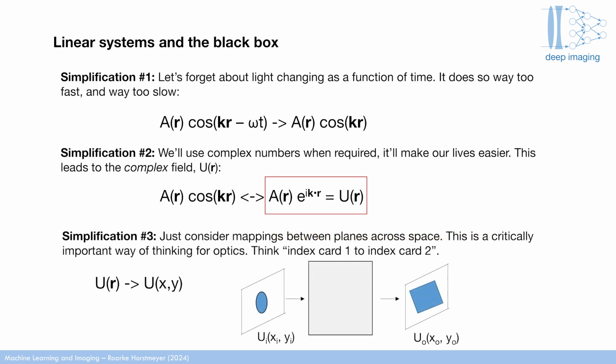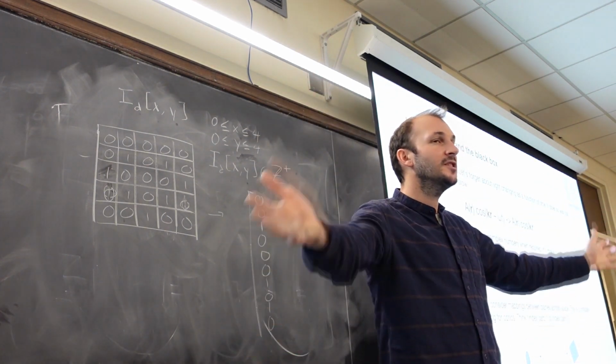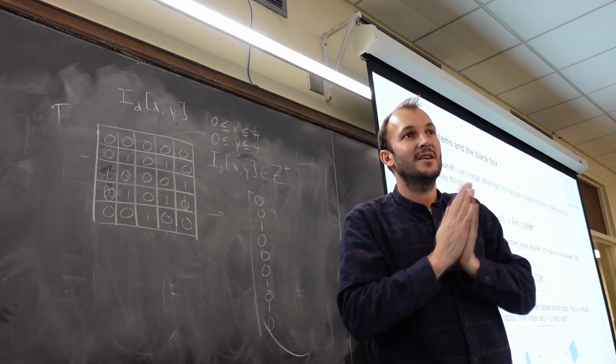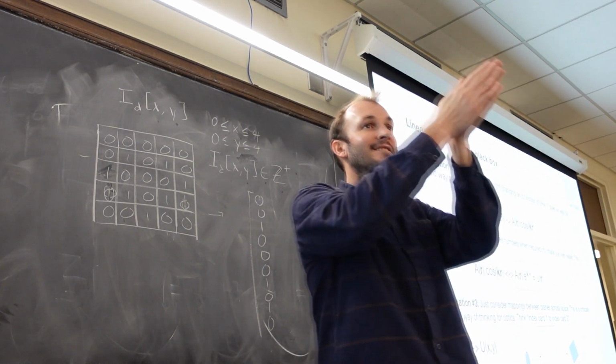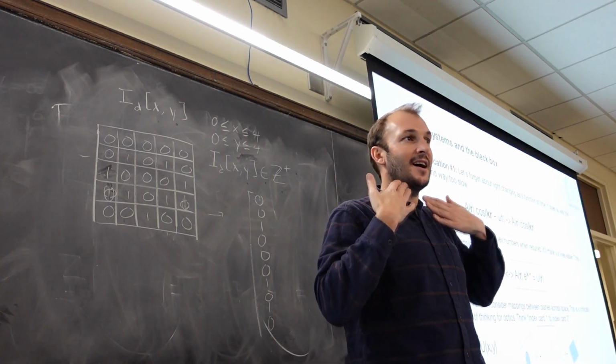And then the third simplification is we're not always going to have 3 dimensions. We're mostly going to think about 2 dimensions. And so what we need to get comfortable with is that when images are being formed, they go from plane to plane, right? So radiation hits me, step 1. I'm a plane.